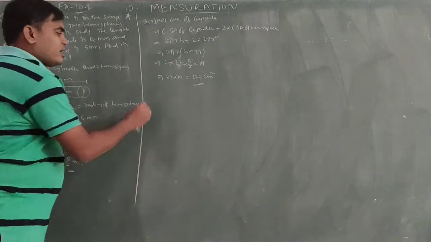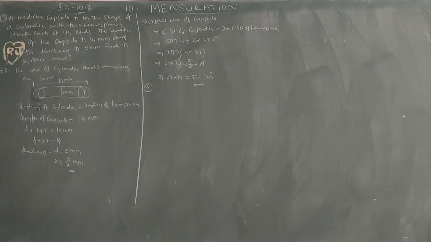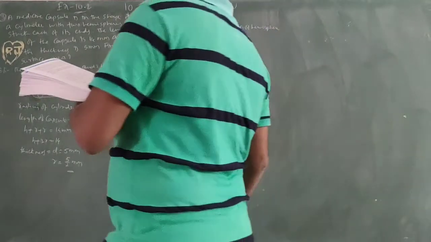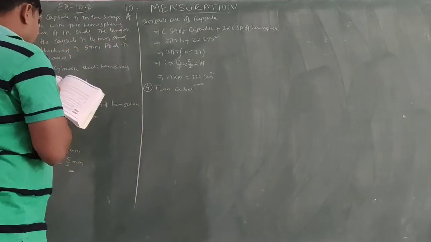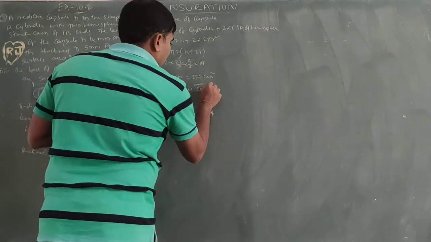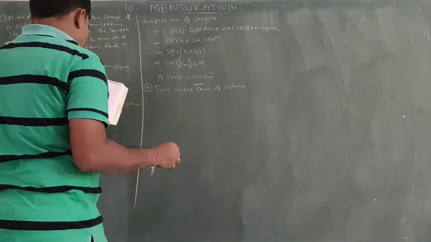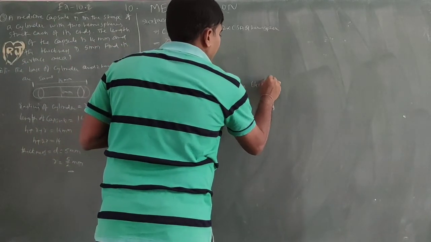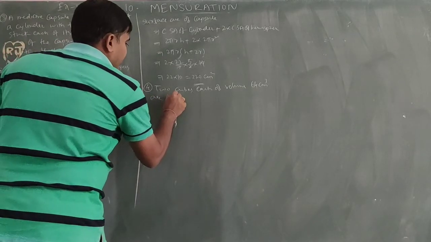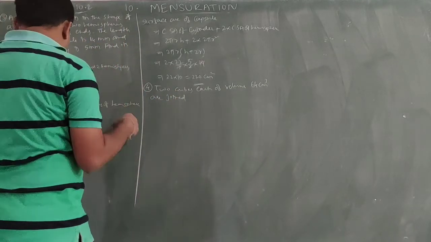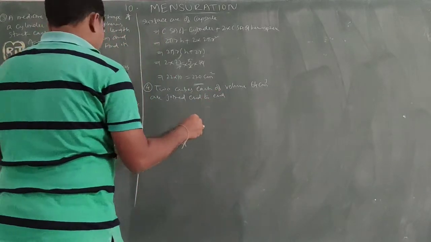Next, the 4th question. Two cubes, each of volume 64 centimeter cube, are joined end to end together.